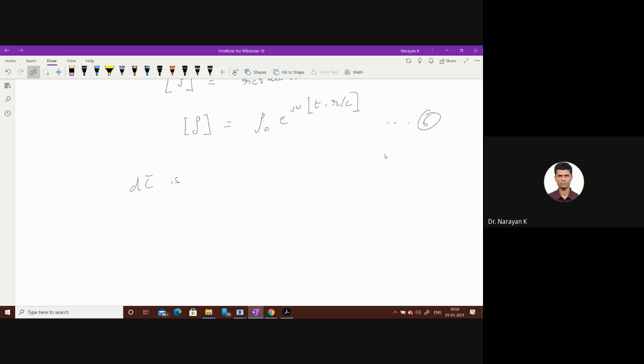D tau is an infinitely small volume element, and epsilon naught is the permittivity of free space.